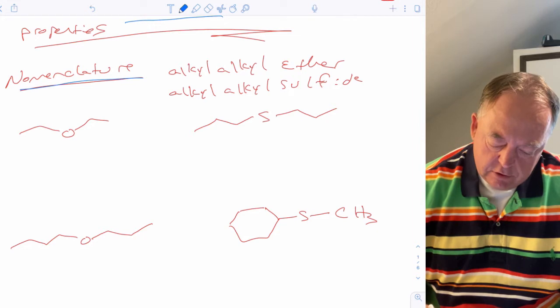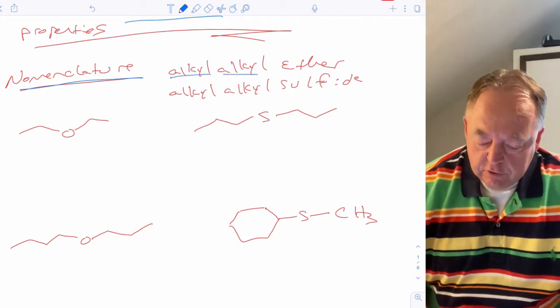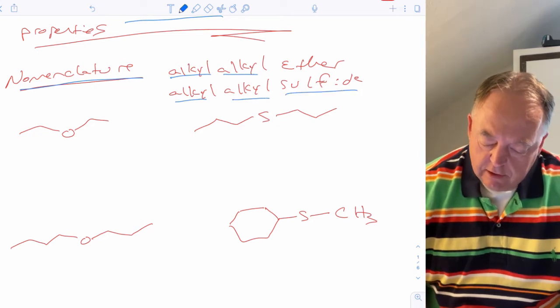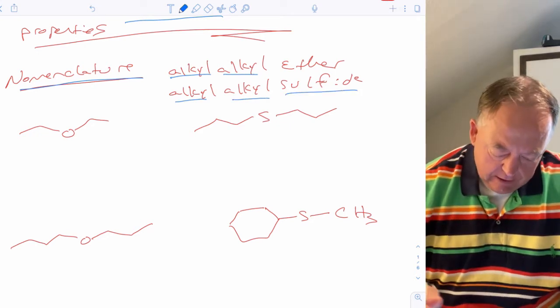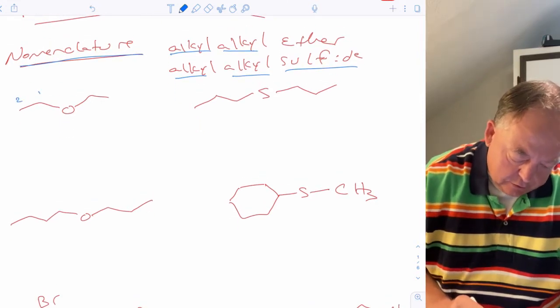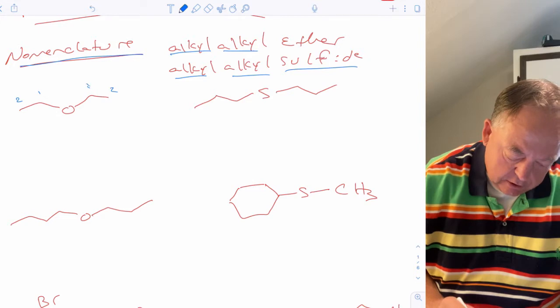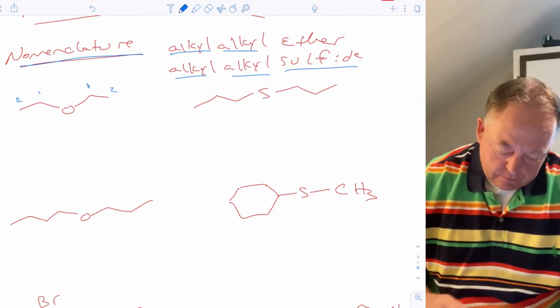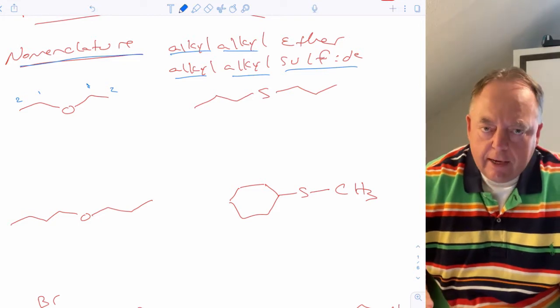So ethers, you basically just name as alkyl-alkyl ether, and the same for sulfide, just the two alkyl groups attached to sulfur, and then in the name with sulfide. So if we take some examples, in this case you have two alkyl groups attached to oxygen, so that's what makes it an ether. So you simply name the two alkyl groups separately.